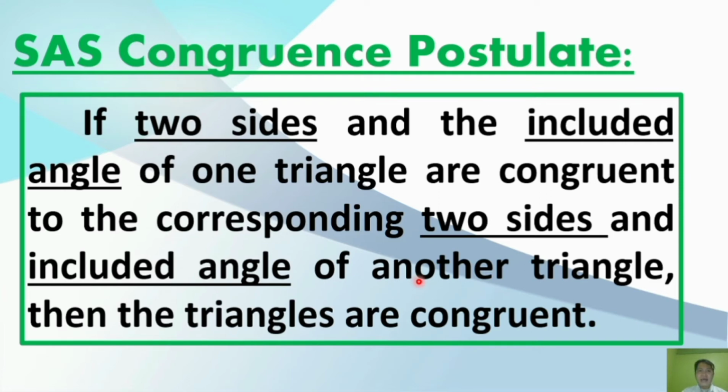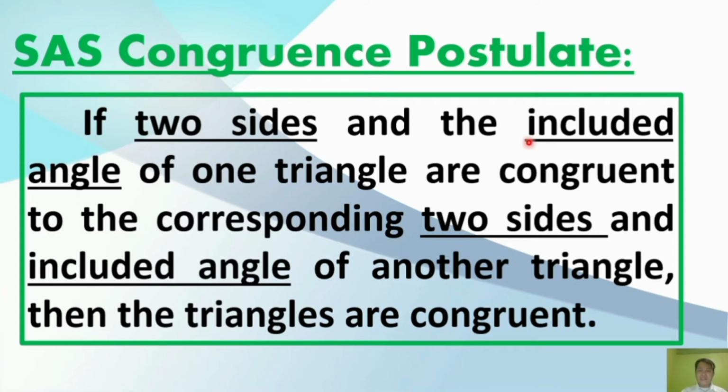So what do we need to have? Ano lang ang kailangang meron? Kailangan meron lang two sides and one included angle. And then on another triangle, we also need two sides and one included angle.